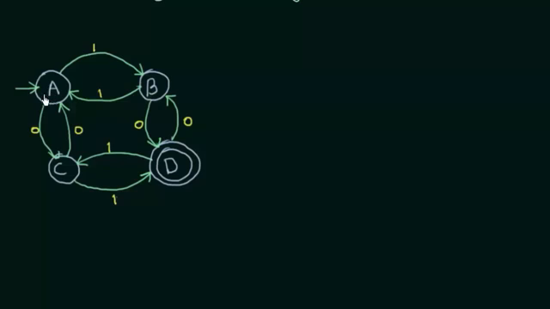Now we see that there is something different about state A and state D. What are they? In state A, we see an arrow that is coming from nowhere and pointing to A. What is this? This means that A is the starting state or the initial state of this DFA. Whenever you see an arrow coming from nowhere pointing to a state, that shows that it is the initial state or the starting state.